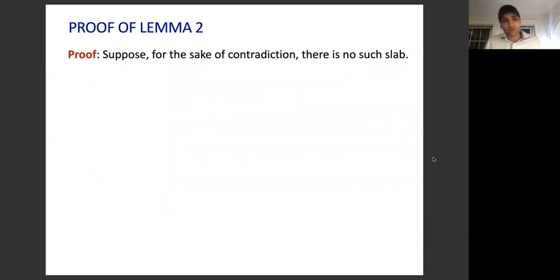So the proof of this lemma turns out to not be so bad. What we're going to do is assume, for the sake of contradiction, that there is no slab. So what we're assuming is that the current hypothesis W has large error, and there is no choice of a slab that makes the Leaky Relu loss non-negative.